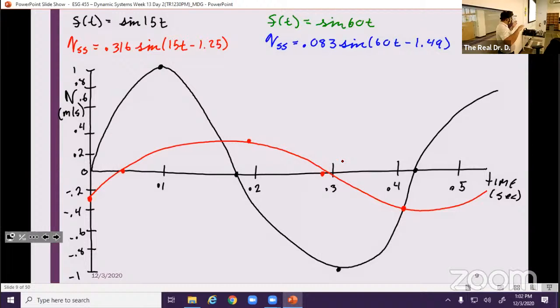Okay, so what about this sine of 60t? How would you expect that to look when compared to sine of 15t? Is the amplitude different?